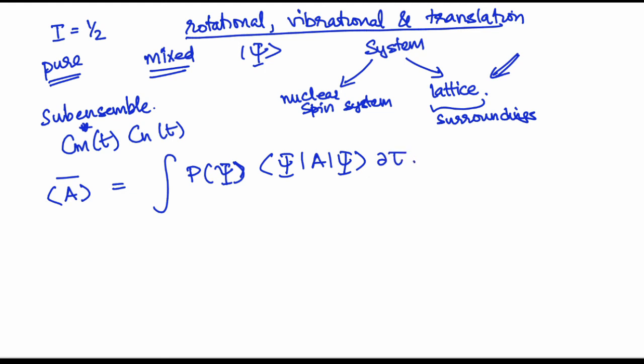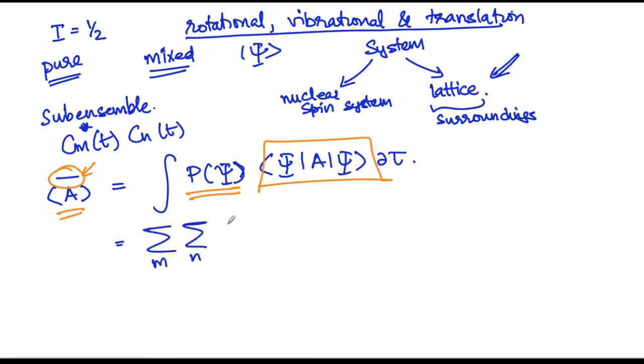So previously your definition of expectation value without the overbar had only this component, but the moment you go for ensemble averaging, the probability density ends up being represented here. So therefore, when you rewrite this, you're going to end up getting something of this sort: summation over m, summation over n, integral p of psi times Cm star Cn times bra m A ket n with a d tau.